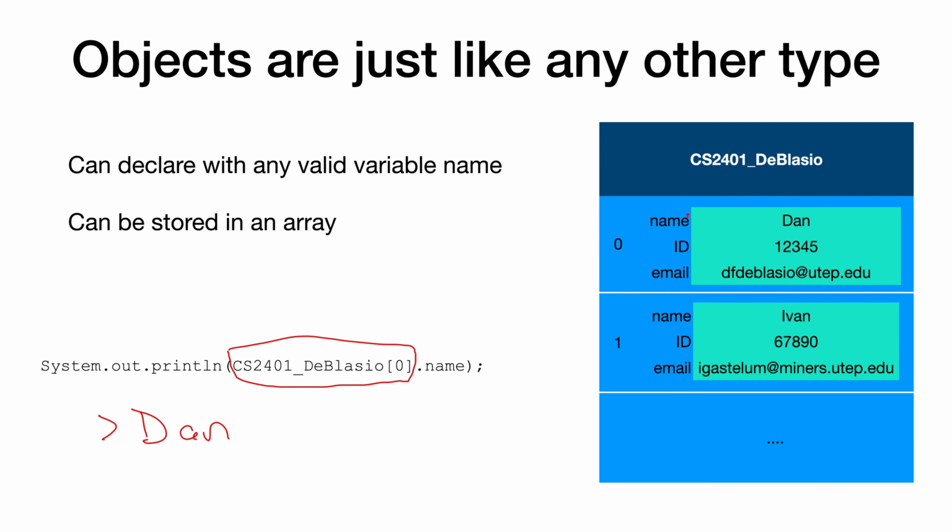This is the array. And then once we get there, this type is student, and we know it has a dot name. Student type, right? So we know it has a name.